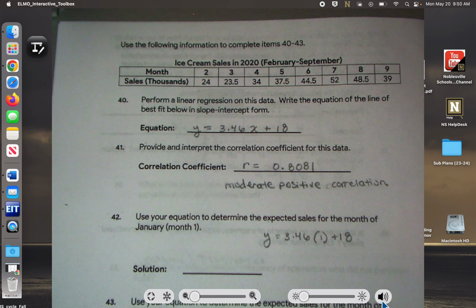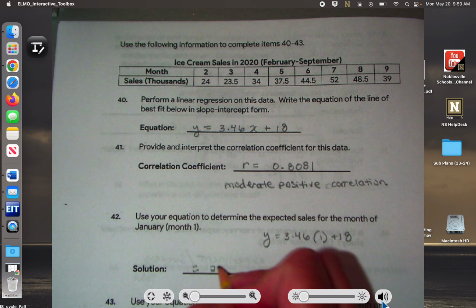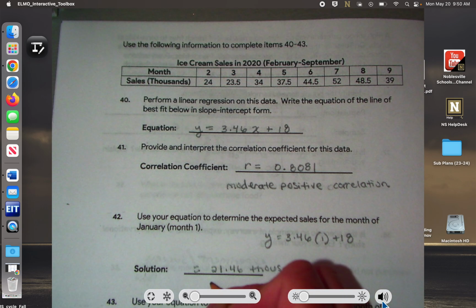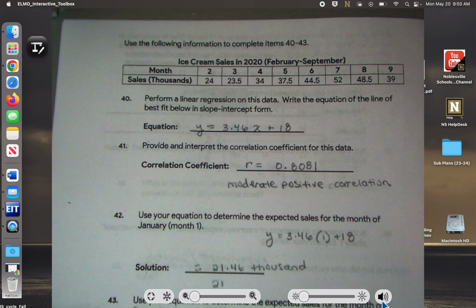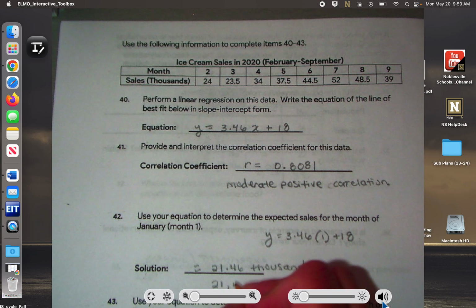So when I clear this out, I have 3.46 plus 18, right? So that would be about 21.46 thousand. You could say 21,460.